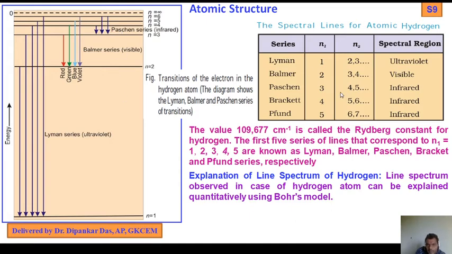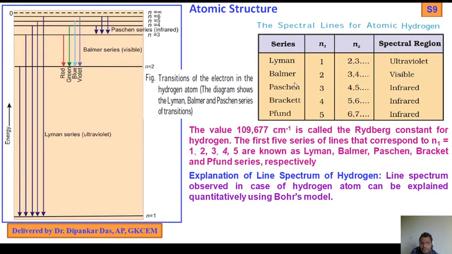But in case of Balmer, N1 equals 2. This is the visible region: red, green, blue, violet. So what transitions occur? N3 to N2, N4 to N2, N5 to N2, N6 to N2. So this is the Balmer series.